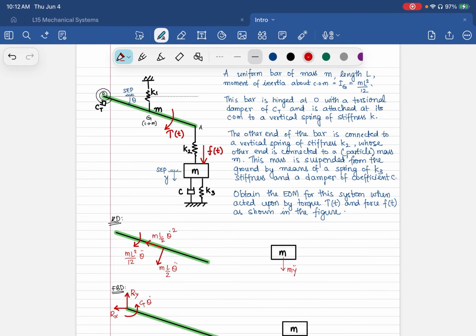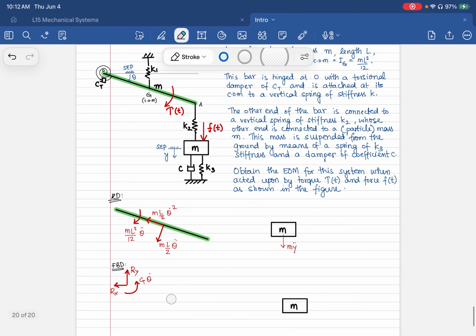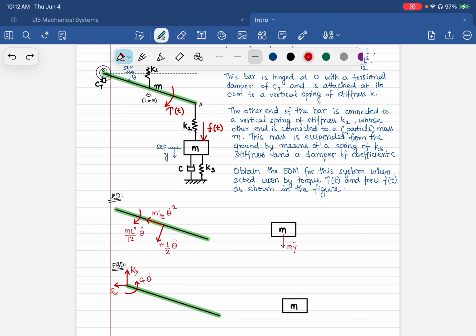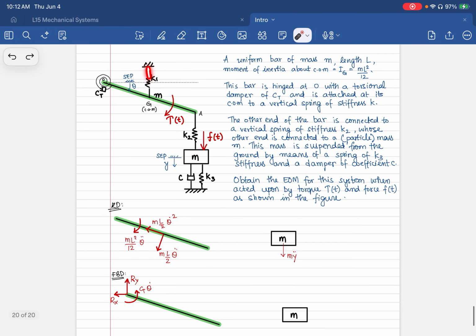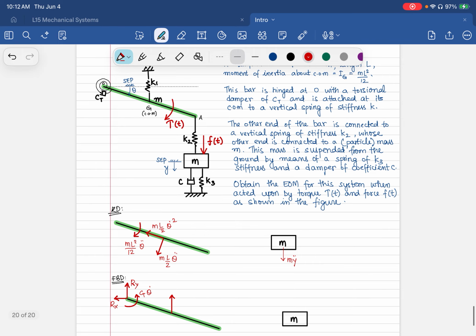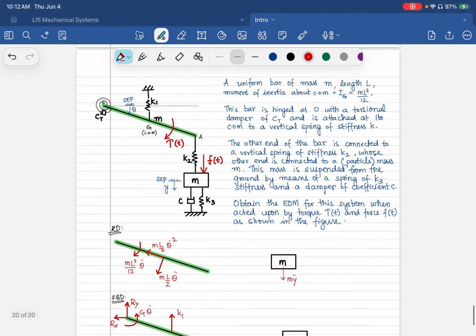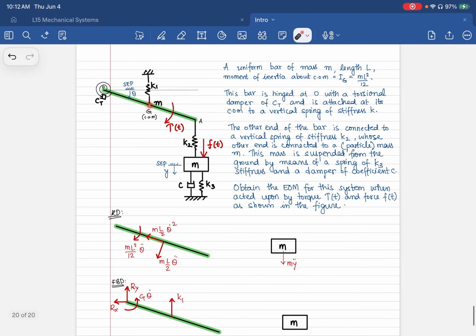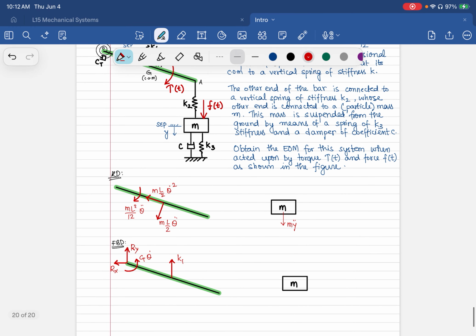So I have the spring in tension, and from this point, the reaction force would be upward. So I show that here. What is the magnitude of this force? It would be K1 times how much this end of the spring moves down as it rotates by some small theta. It would be the arc length, that is L by 2 theta.